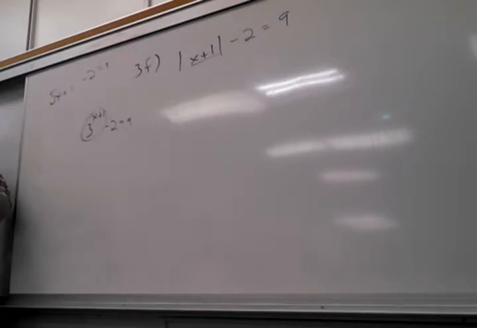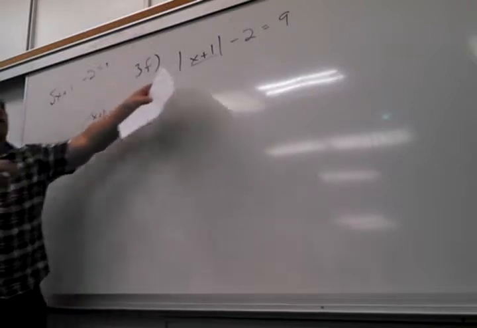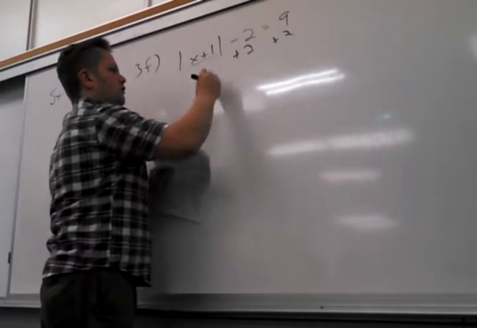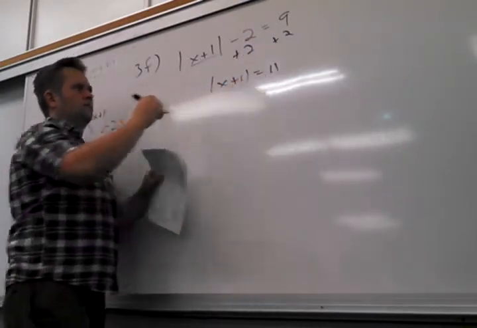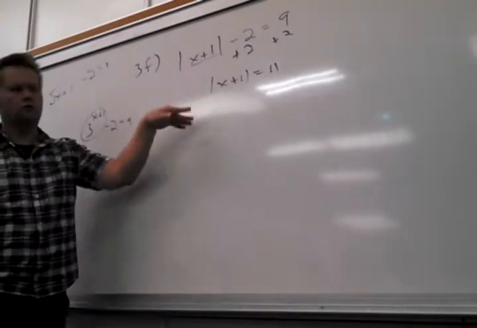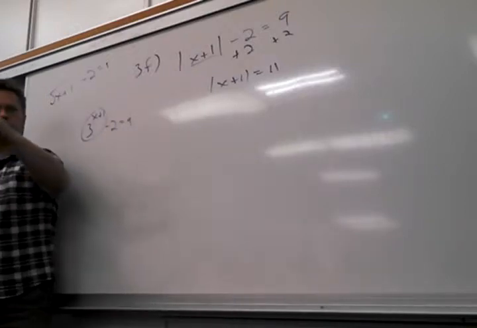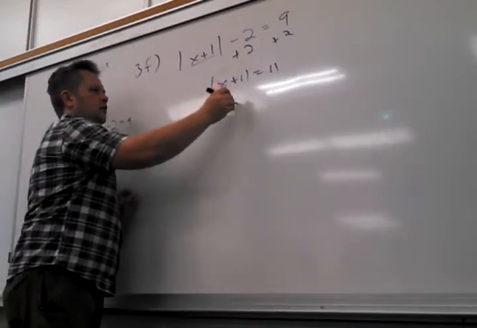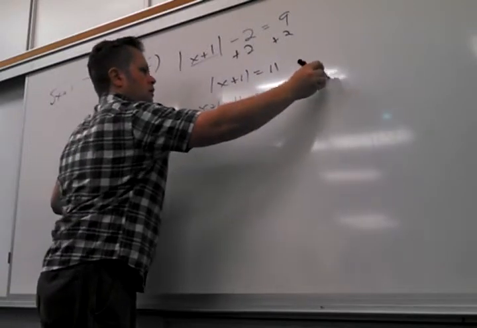Because then you can unstick it by applying the inverse function, or in the case of an absolute value, once I do this, what can I write? That can be two cases. Cool. So x plus 1 equals 11 or negative 11.